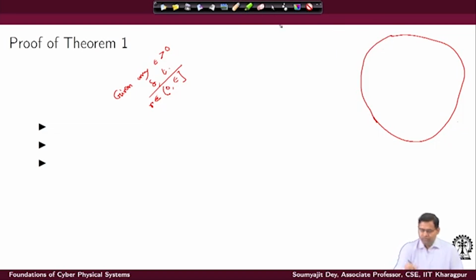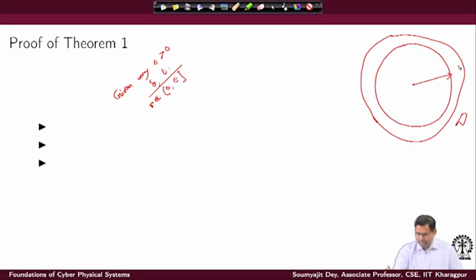This is my D. This is the origin, and I have this sphere of radius r, some B r. Let us say this is radius r.